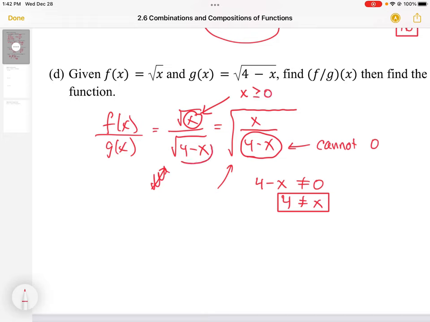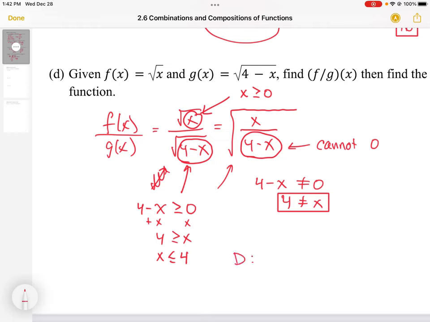And our domain for 4 minus x has to be greater than or equal to 0. So let me solve this statement. If I add x to both sides, I get 4 is greater than or equal to x. I'm just going to rewrite that so x is on the left. So my domain for the square root of x is greater than or equal to 0.